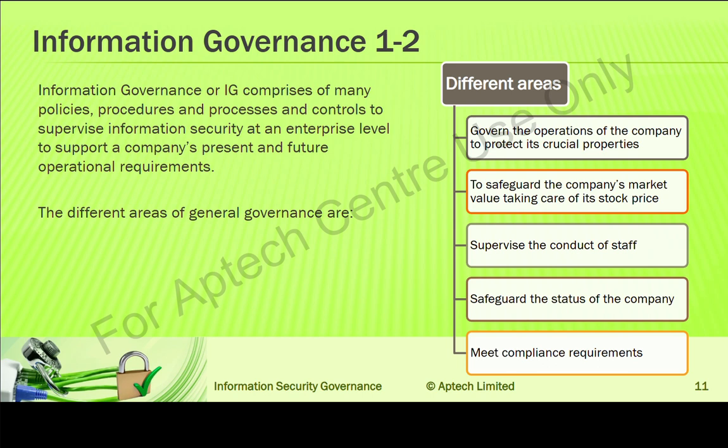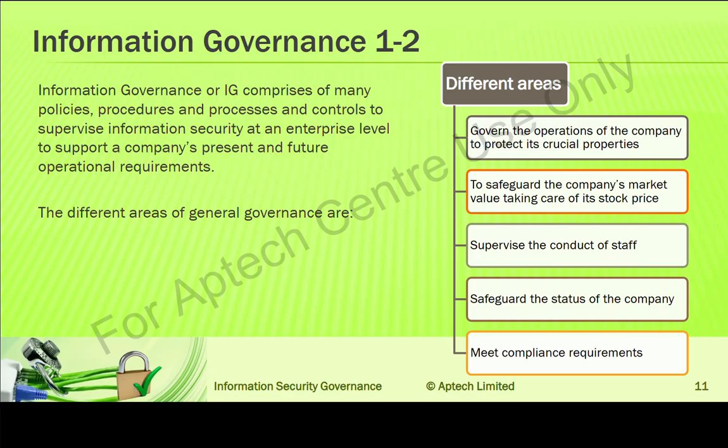Everything needed to make sure that the security of the business operation is intact, both present and future, including the processes, the controls, the policies, and procedures needed to have successful business operation now and in future, is in information governance.